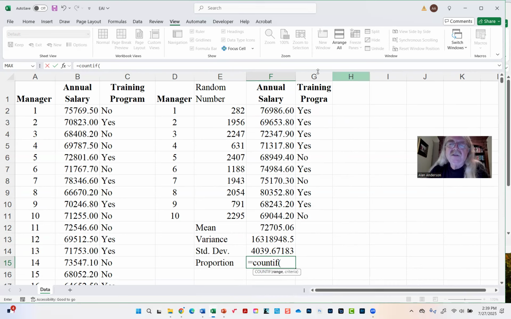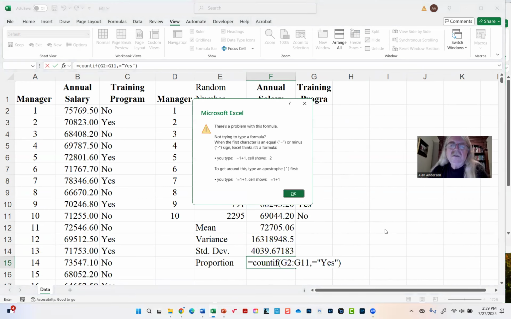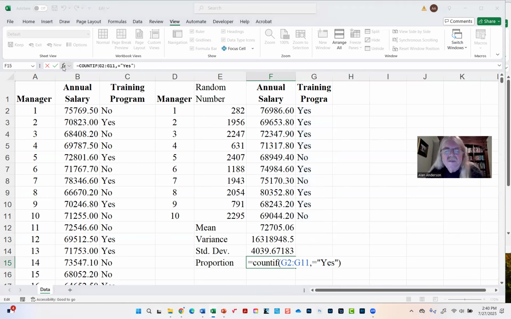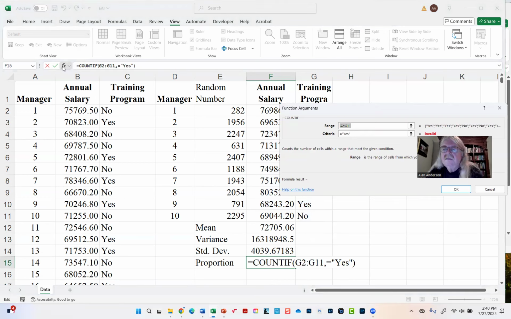All right, now let's try this. Range is here. Criterion is equals yes. Uh-oh. It doesn't seem to like that. Oh, I know what the problem is. It doesn't want that equal sign.